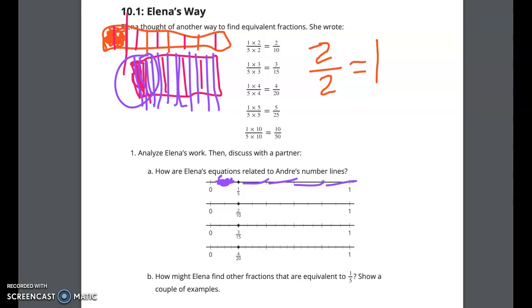So that is another way to do it. However, using number lines is a helpful tool, but it's not the most efficient way to do equivalent fractions. This is going to take us a long time. What we're hoping to shift towards is doing it with multiplication.